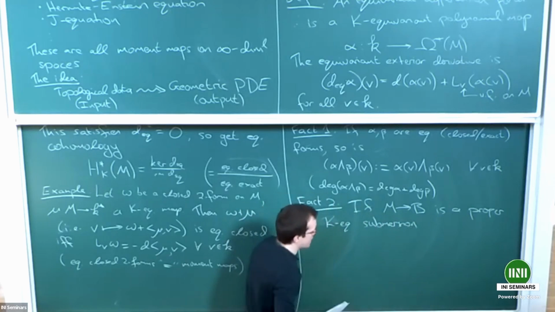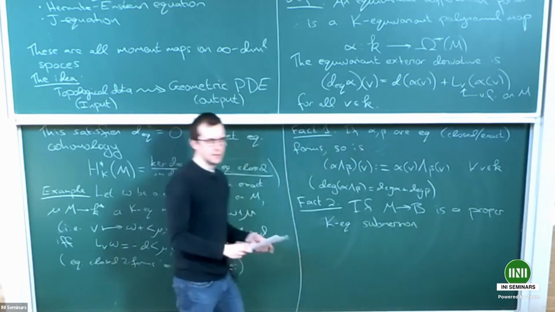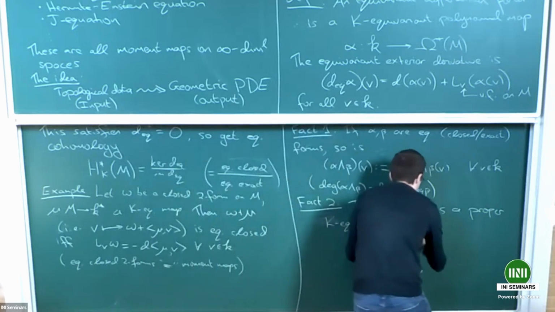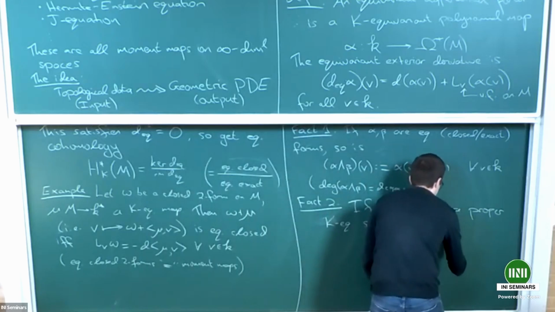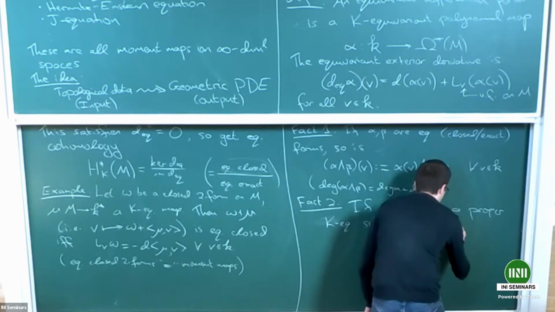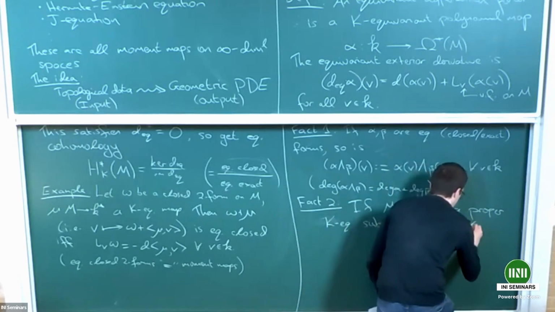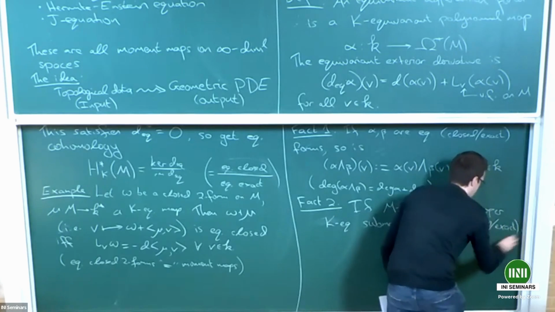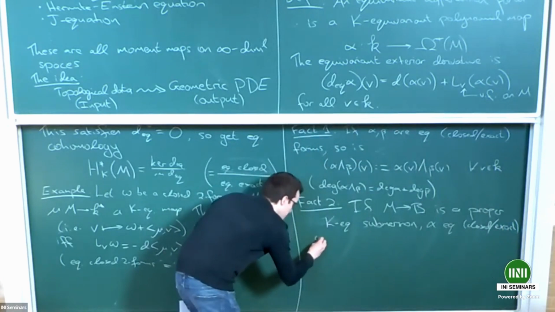In other words, I have a K action on M, a K action on B, and the projection map is K equivariant. And alpha is, again, equivariantly closed or exact on M.